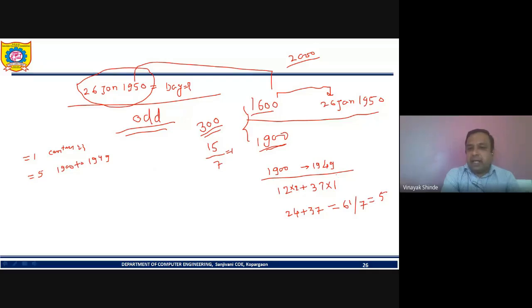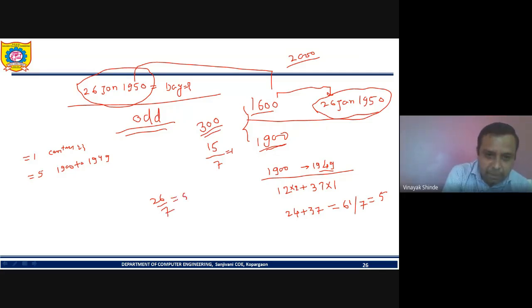Now till 1949 we came. Now we have to go for 26 Jan 1950. So 26 days. In 26 days, how many odd days are there? Divided by 7, what is the remainder? 5. So these are the odd days for the 26 days.